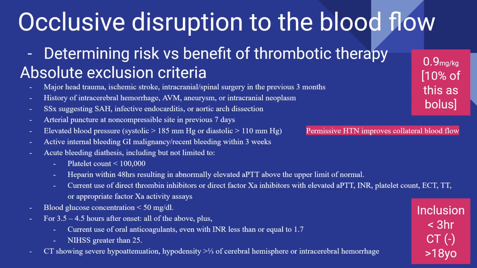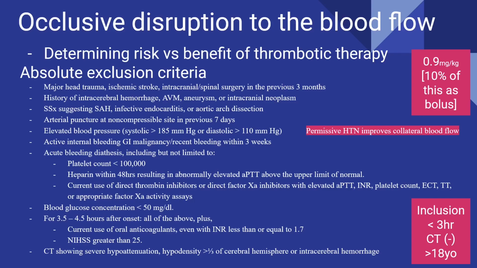So you can pause it and look through all of these. You've probably seen a list like this before when going through some sort of nursing orientation. And there's only a few inclusion criteria. You have to be old enough. You have to have a negative CT, meaning you don't have a bleed, and it has to be soon enough. It has to be within 3 hours, typically, is what hospitals like to go for.